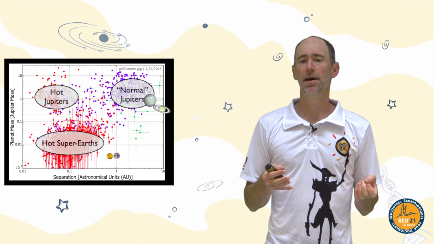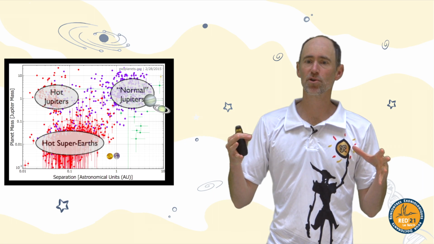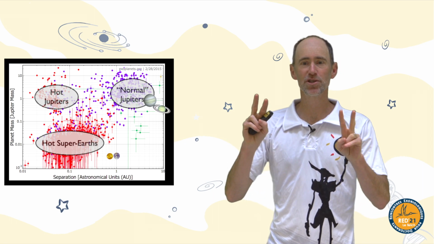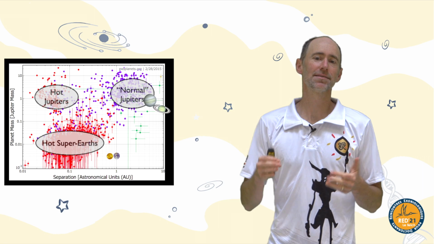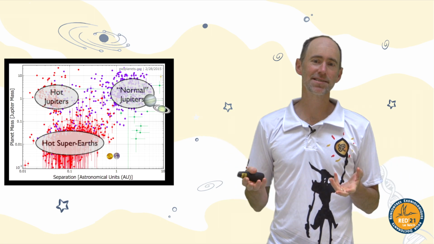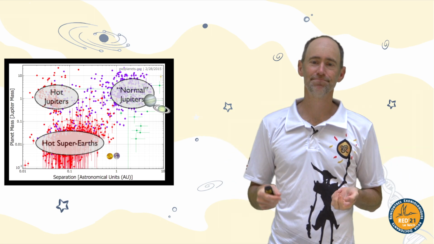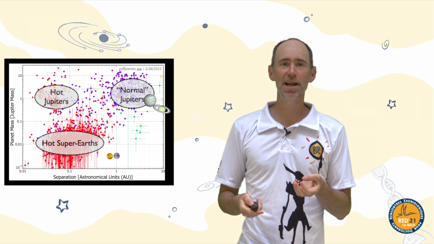They tend to be planets that are a little bit bigger than Earth, up to say 3 or 4 times the size of Earth. And that's where the super comes from, just being slightly bigger than Earth. Although it kind of makes it sound funny, that super part, but I don't know. All right, so these are the categories of exoplanets that we've got right now.